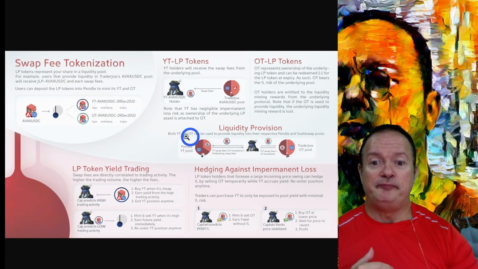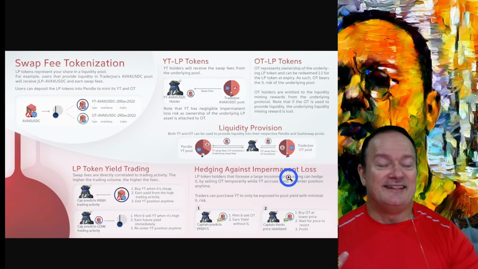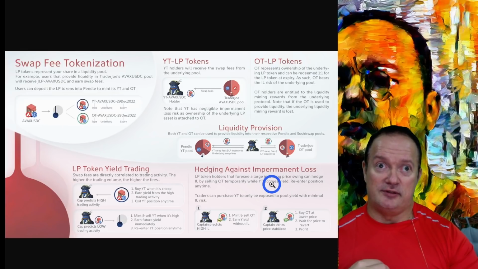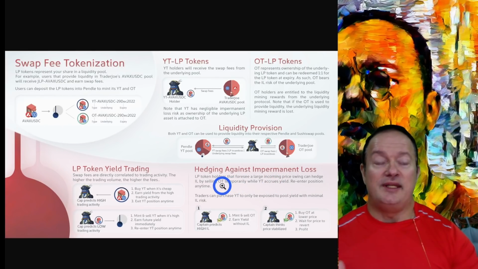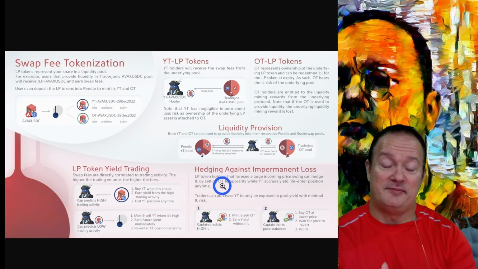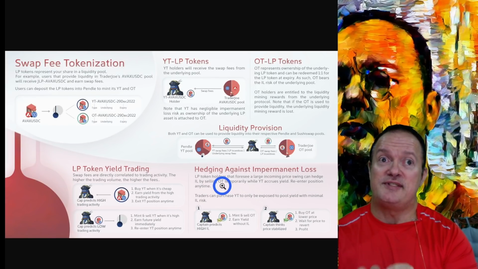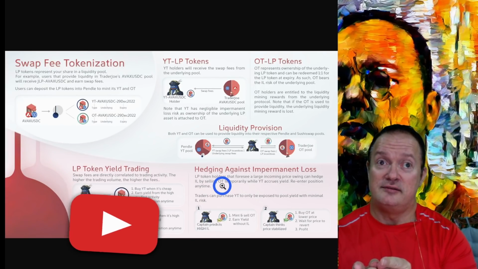Well, here, you're hedging against impermanent loss. So the impermanent loss should be very, very, very small. And you're earning 230 some percent on top of the 100,000% that you're earning. And don't forget, this is APR, 230% APR.